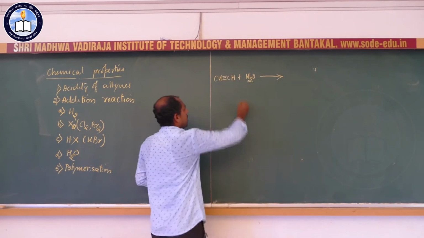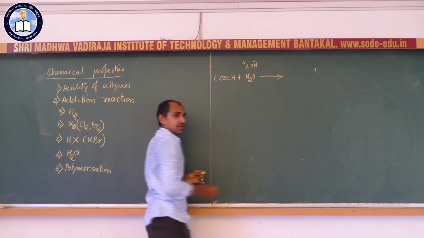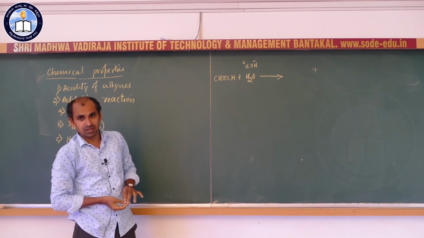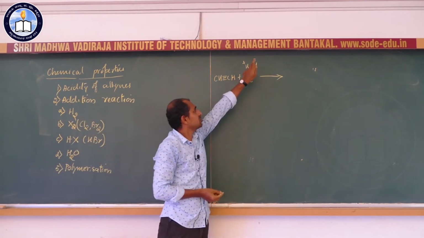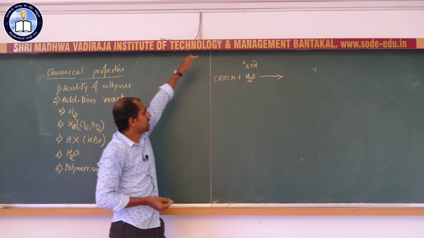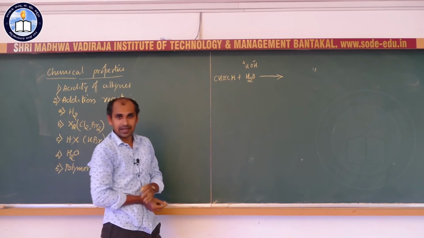Water has two groups, one is H plus, another one is OH minus. The negatively charged group is OH minus, and this negatively charged group should attach to the carbon containing the least number of hydrogen.